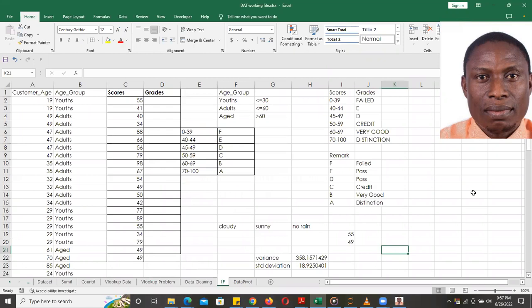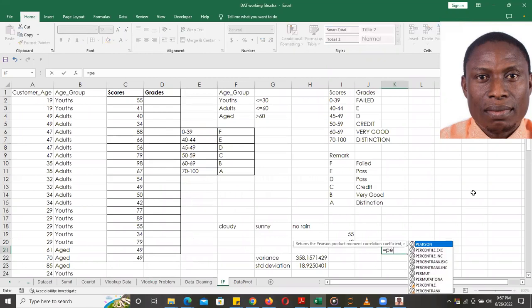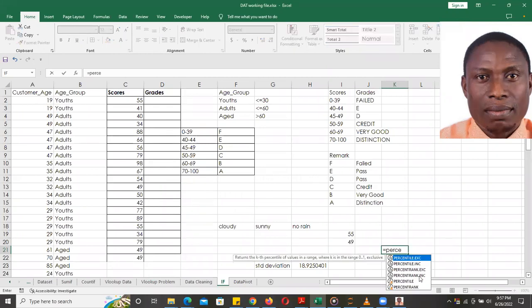So percentile equals PERCENTILE. It's asking us for the array. The array is like the whole of this. Then the K is what percentile you are looking at. Let's say 25%, so that's 0.25.